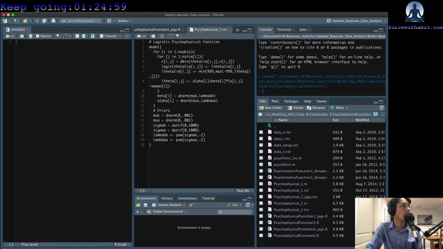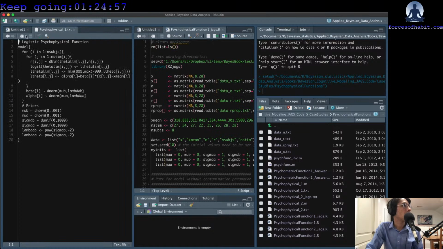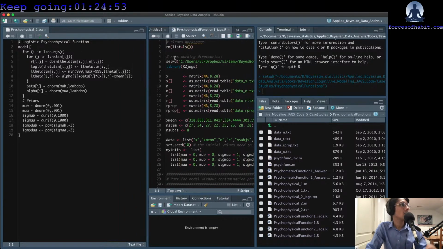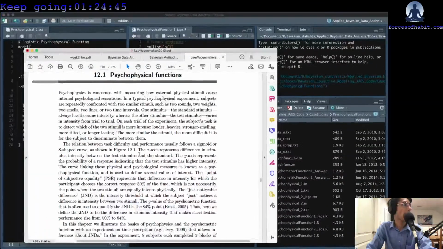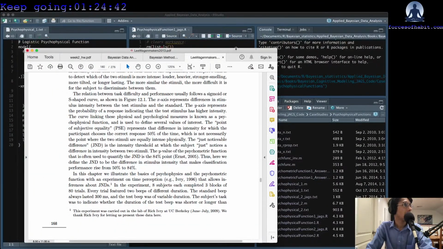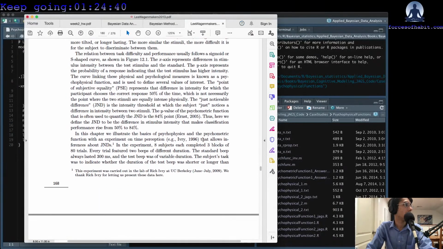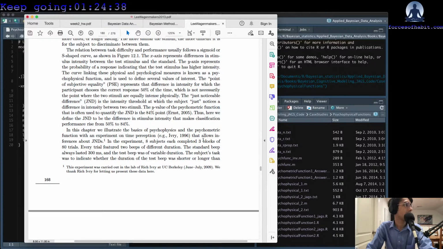All right, so we have the logistic psychophysical function. Let's get into it. In this example, we're going to talk about an experiment concerned with time perception.